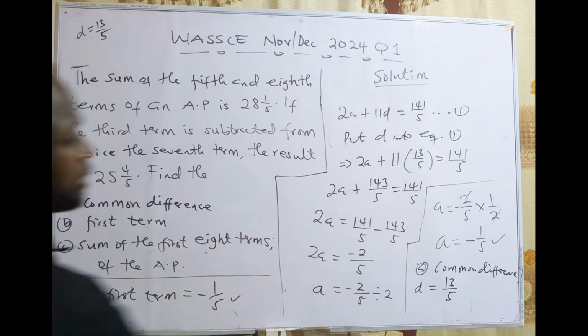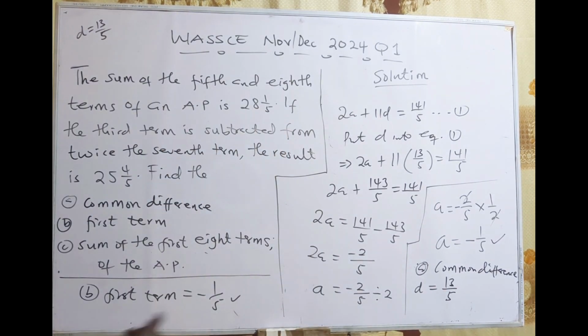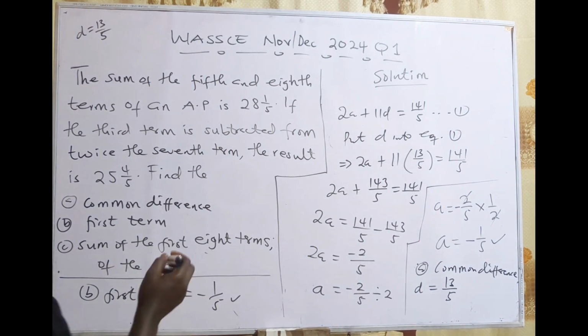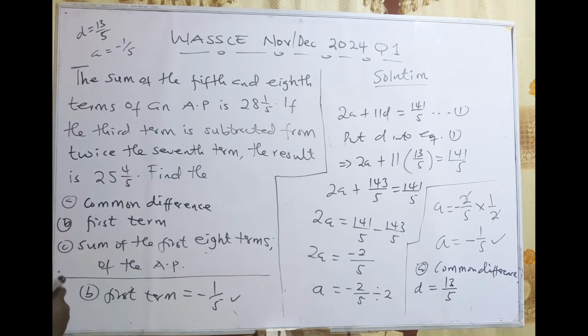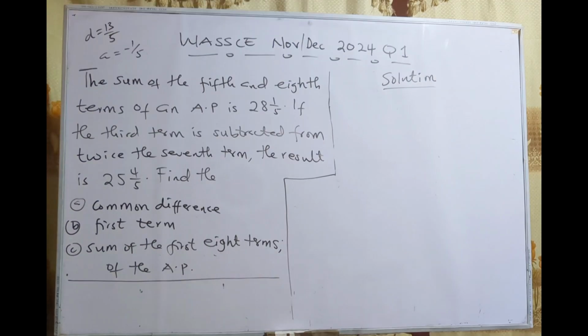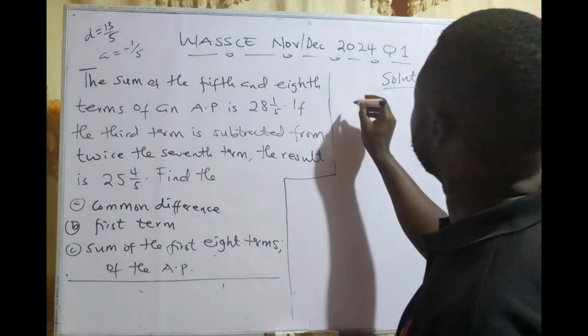So our common difference is 13 on 5 and our first term is minus 1 on 5. We have gotten our common difference and our first term. Let me put the first term on the side, minus 1 on 5, so that we use that to solve the sum of the first 8 terms of the AP. Is that okay? Okay, so now let's look at the C.